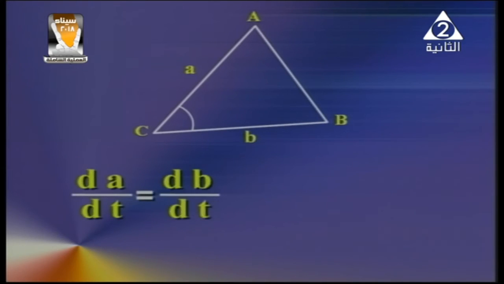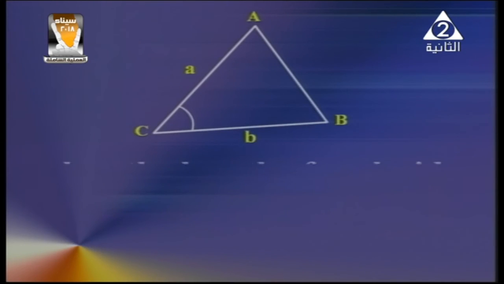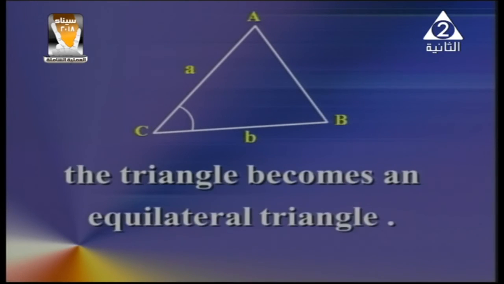Since dA/dt equals dB/dt equals 1 over root 3, and dC/dt equals a quarter, when the length of each side of the triangle equals 12 centimeters, the triangle becomes an equilateral triangle.